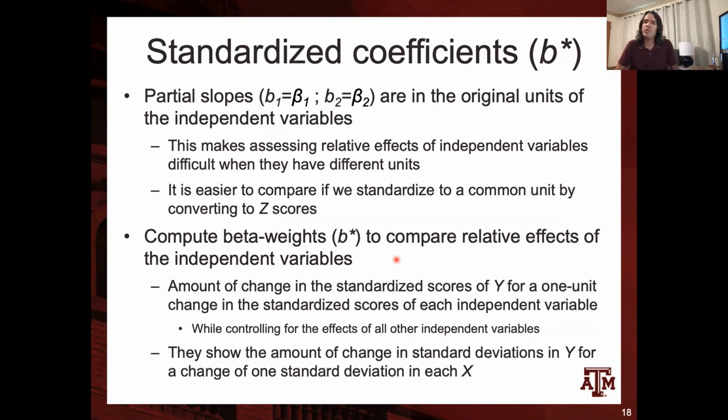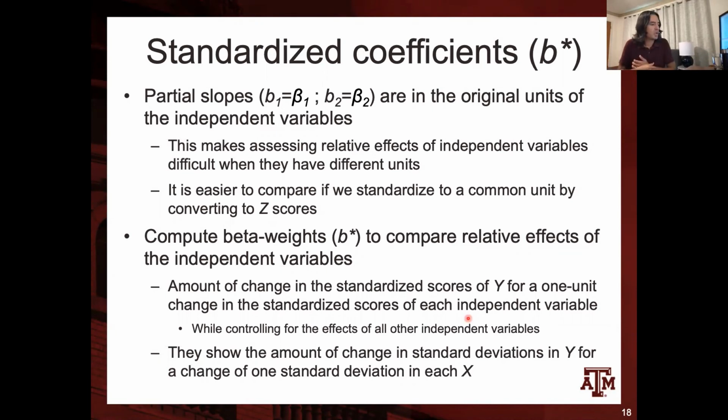And how do we interpret these beta weights? They tell us the amount of change in the standardized scores of y for a 1 unit change in the standardized score of each independent variable, while controlling for the effects of all other independent variables.